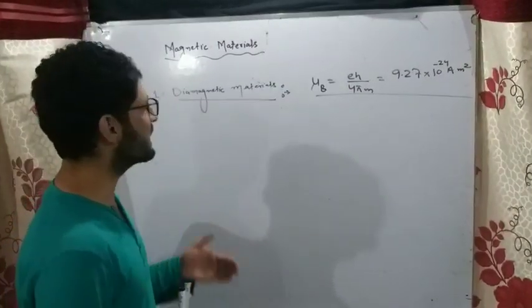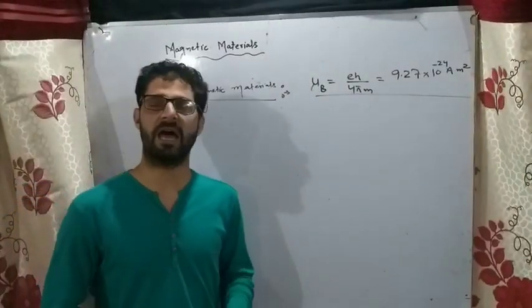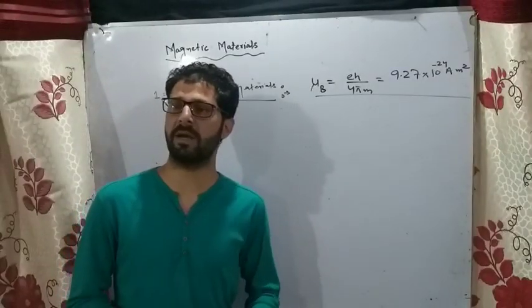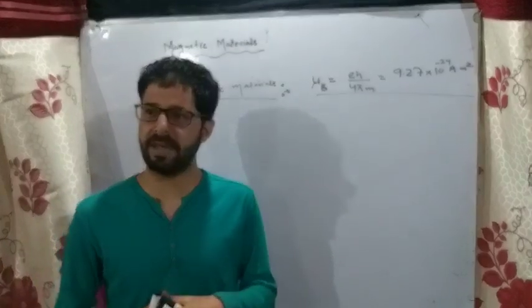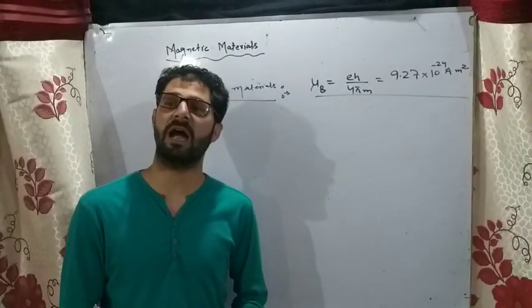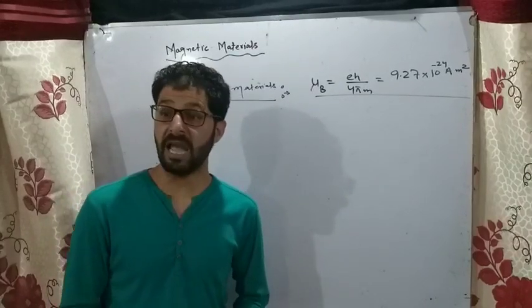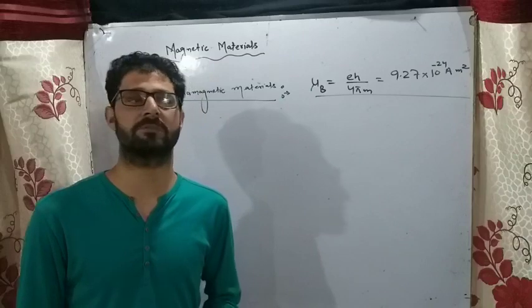So what is the cause of this diamagnetism? As I have already discussed when I was discussing the Bohr magneton, whether a material behaves as paramagnetic, diamagnetic or ferromagnetic depends upon the electronic configuration of its atoms.